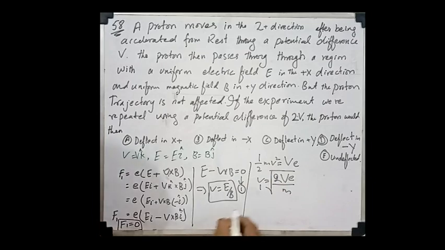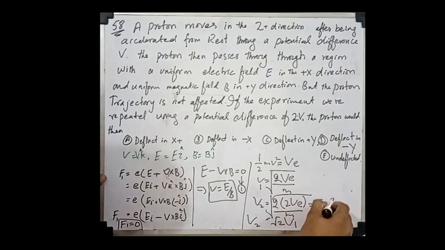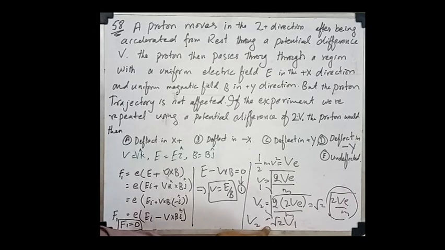For v2, this is equal to the square root of 2 times 2 V e divided by m, because the potential difference gets doubled. So v2 is equal to square root 2 times v1.